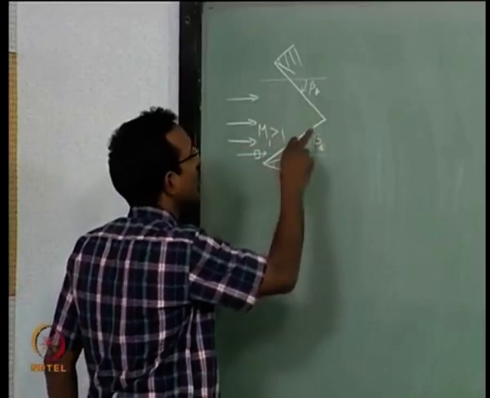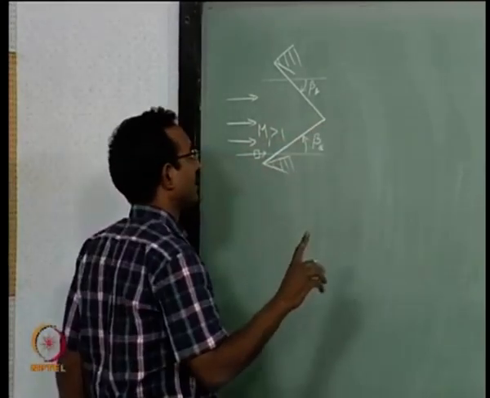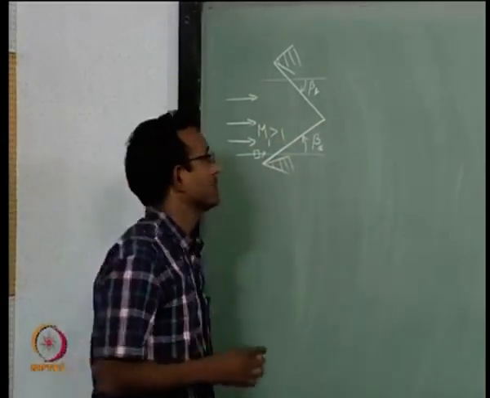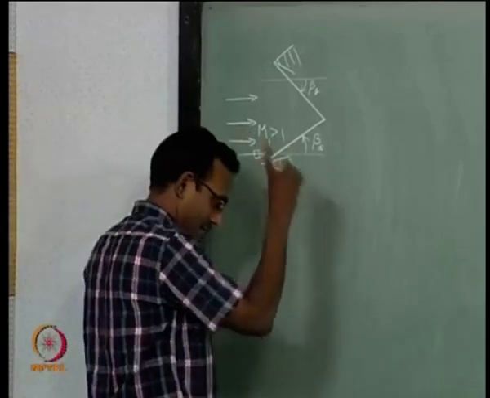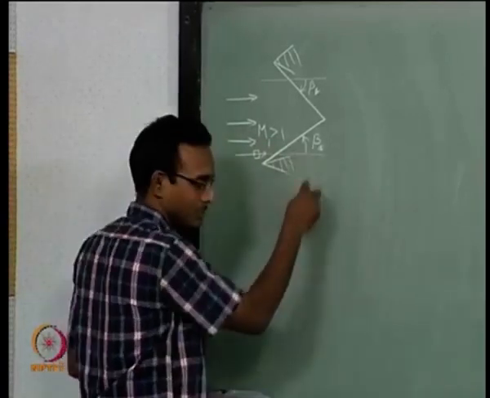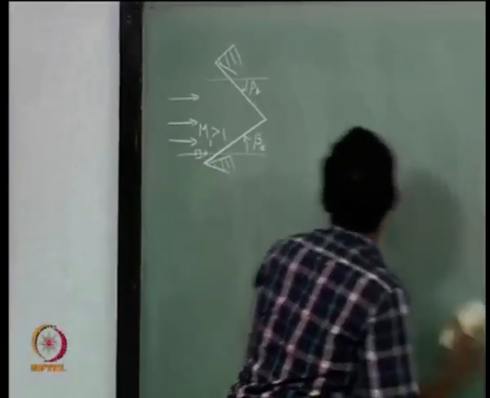Now we want to know what will happen behind this. For that I have to see what must be satisfied. I will remove these labels so that it is not confusing.